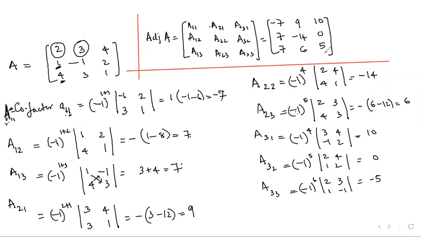Did you notice this? See, when you do the calculation of adjoint cofactor, we are doing it row wise. Calculation is done row wise. But when you place it, you must write it column wise. Have you understood? So this is the adjoint cofactor.